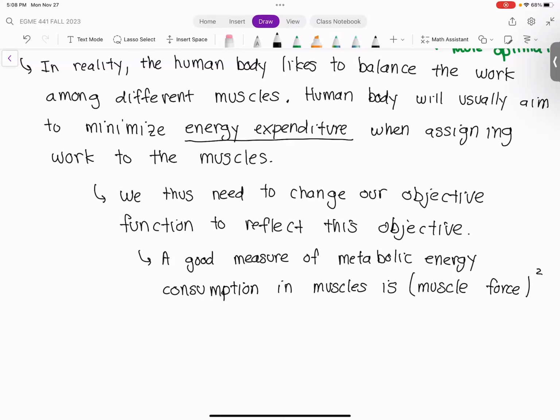Okay. So if you just take your muscle force and you square it, do something simple like that, that's a pretty good indicator of metabolic energy consumption.